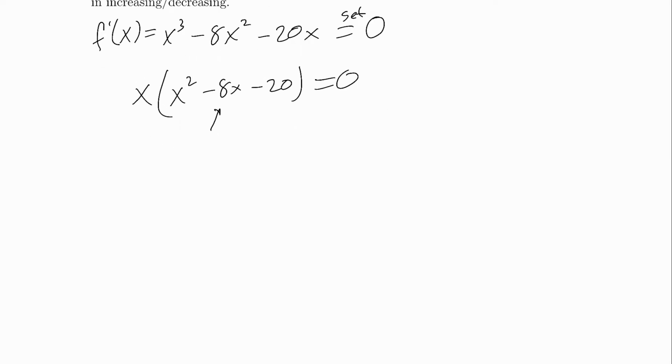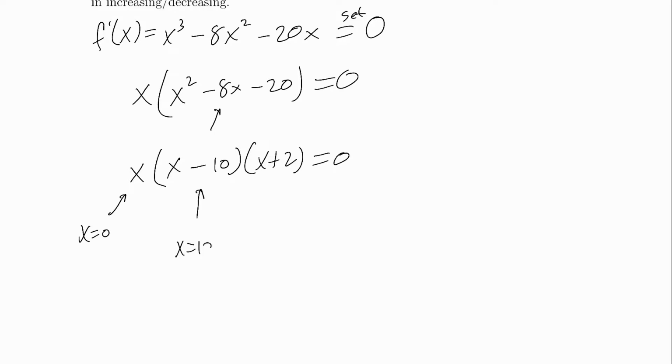And this factors to be x times (x minus 10) times (x plus 2). So these three things multiply to give us 0, and that can happen if and only if one of the things is 0. So that happens if either x equals 0, or x equals 10, or x equals minus 2.